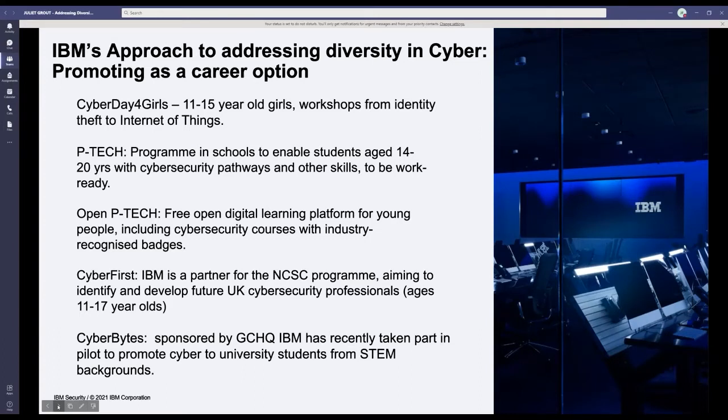So in this space, we do a number of things which I think are really invaluable. The first one I'm going to mention is Cyber Day for Girls. This is obviously a particularly diverse angle, trying to encourage more girls to be interested in cyber. We run workshops, and in non-COVID times, we would run these on an IBM site, or we'd go into a school, and we've been running them virtually over the last 18 months or so.